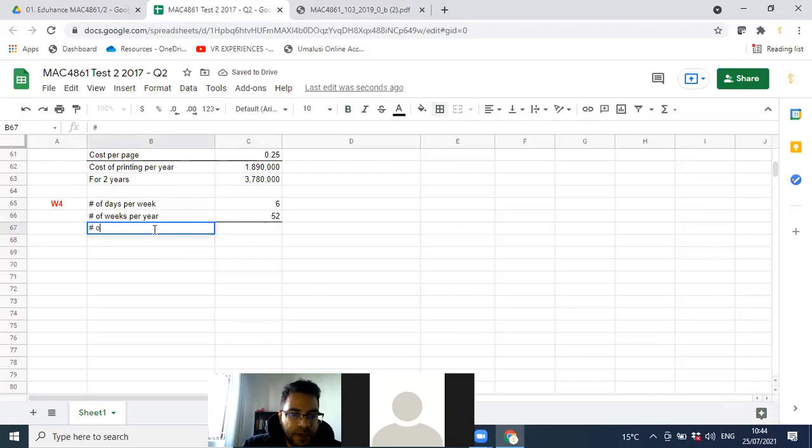So number of days per year is going to equal that times that. Then we're going to say number of square meters is 50, cost per square meter is 10.